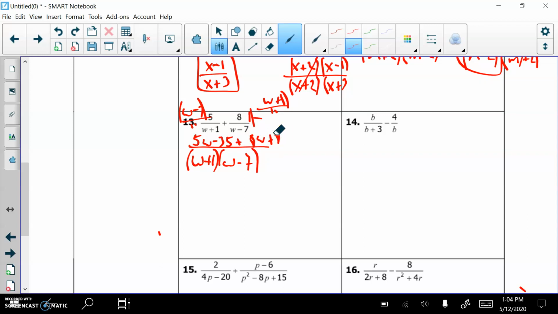All right, well, that's a big fat mess. Combine like terms, it's 13w minus 35 and positive 8 is minus 27, over w plus 1, w minus 7.